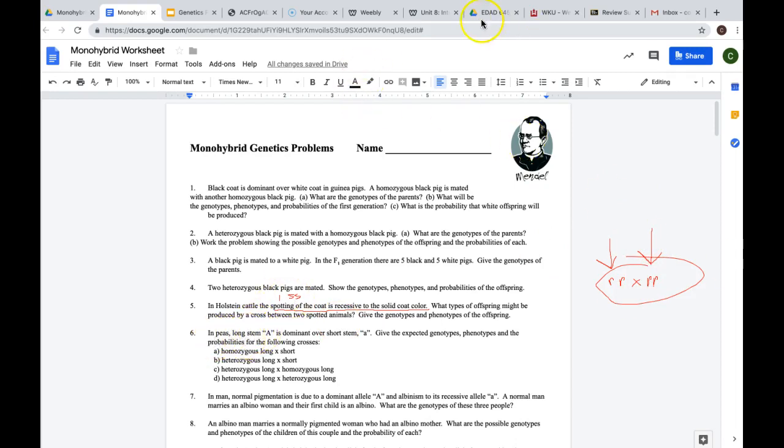Number 6. It says in peas, long stem A is dominant over short stem a. Give the expected genotypes, phenotypes, and probabilities for the following crosses. So homozygous long and short would be big A, big A mixed with little a, little a.